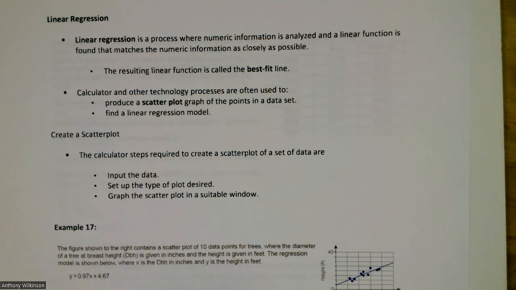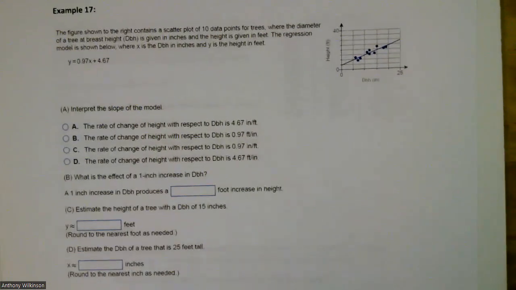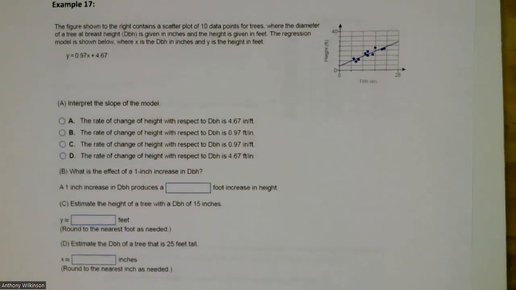Okay. So in example 17, here we got the figure shown to the right containing a scatter plot of 10 data points for trees, where the diameter of a tree at breast height, dBH in short, is given in inches, and the height is given in feet.